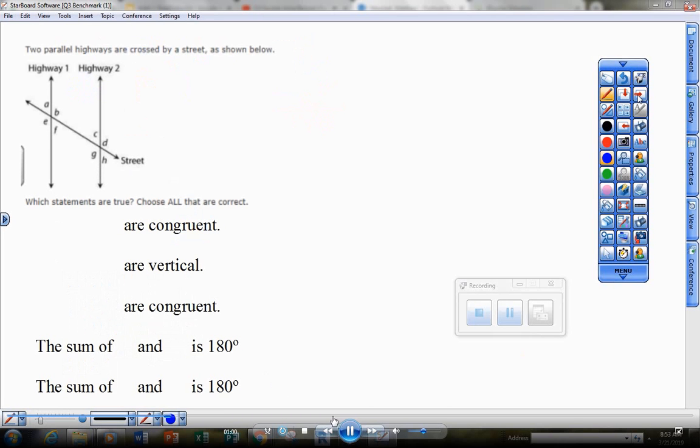Alright, for these, again, I want you to notice all the different combinations of these angles that we have right here. They're asking B and G, are they congruent? I'm asking you for A and C, are they vertical?